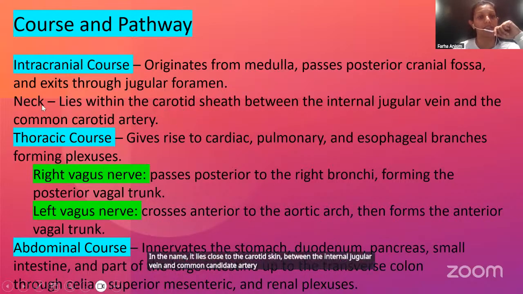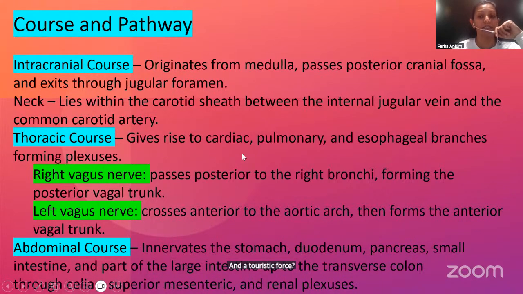This relation is very important. The thoracic part gives rise to the cardiac, pulmonary, and esophageal branches. And here it divides into the right vagus and the left vagus.